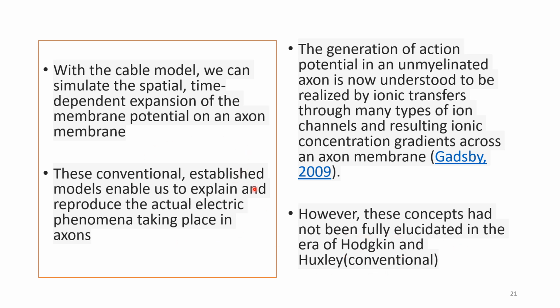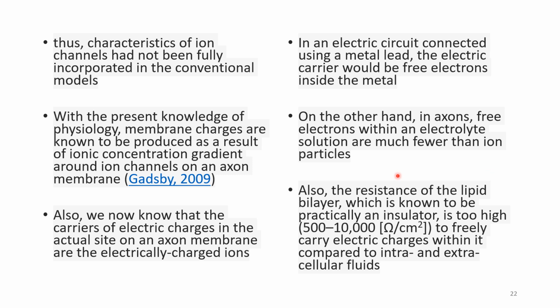So they said that our axon behaves like an electric wire and described how the electric current is generated, but they did not talk about the ionic transfers. The characteristics of ion channels are not described in these conventional models, but later on researchers have done so.